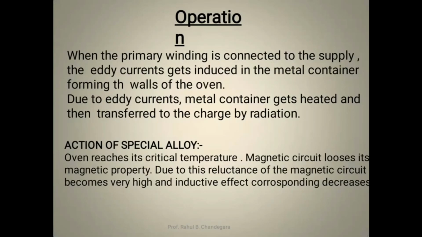Due to eddy currents, the metal container gets heated and heat is then transferred to the charge by radiation. When the oven reaches its critical temperature, the special alloy magnetic circuit loses its magnetic property. Due to this, the reluctance of the magnetic circuit becomes very high and the inductive effect correspondingly decreases.